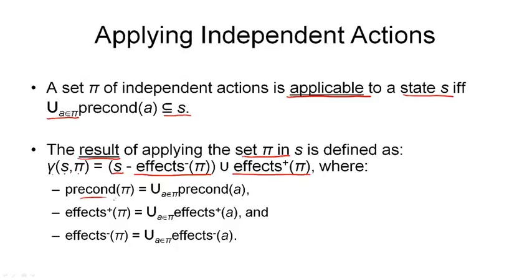And when we talk about the preconditions, positive effects or negative effects of a set of independent actions pi, we simply mean the union over all the actions in that set pi of preconditions, positive effects, or negative effects. So this defines applicability and state transitions for sets of independent actions.